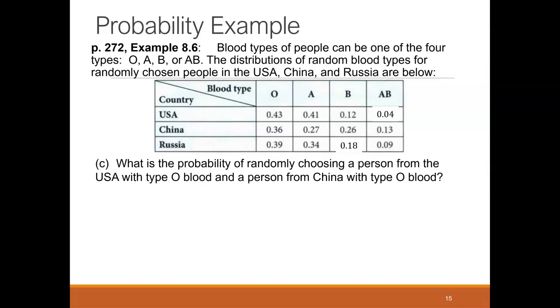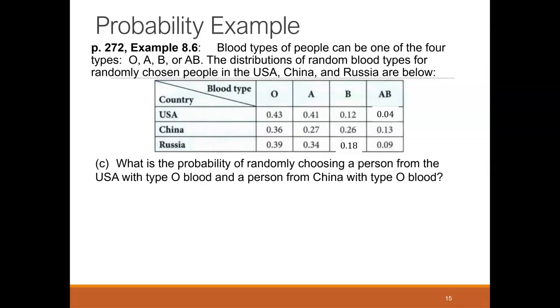Is picking a person from the US with blood type O mutually exclusive? Yeah, right? That's only one way that can happen. Similarly in China, correct? Are these independent events? Is choosing the person from the US going to affect the probability of choosing the person from China?